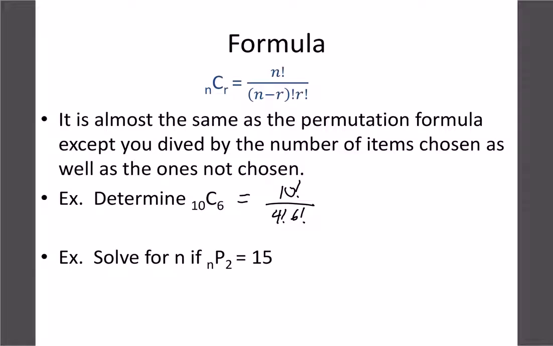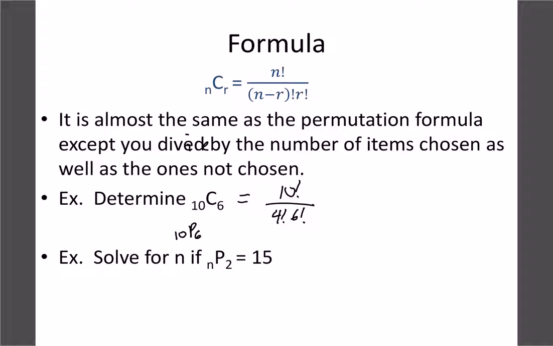So basically all we're doing is dividing the bottom by the number of arrangements you could take those people. 10P6 would mean we're taking 6 people and putting them in order out of 10. So then we're going to take that answer and divide it by 6 factorial because we don't care what order those 6 people actually go in. So that's how it works in terms of the formula.